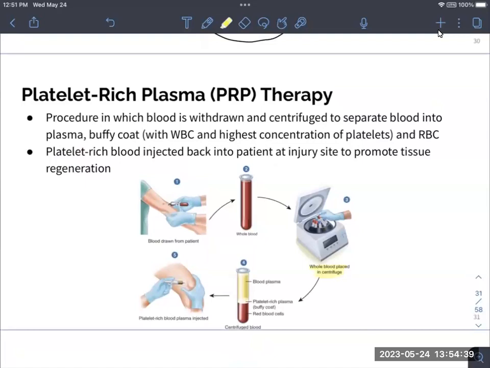You take the platelets and you can inject them back into a patient to help with tissue regeneration, helping tissues in that area regenerate using the platelets that were just taken out of the blood. This is something that gets used from time to time to help regenerate tissues in areas that otherwise may not regenerate as well.